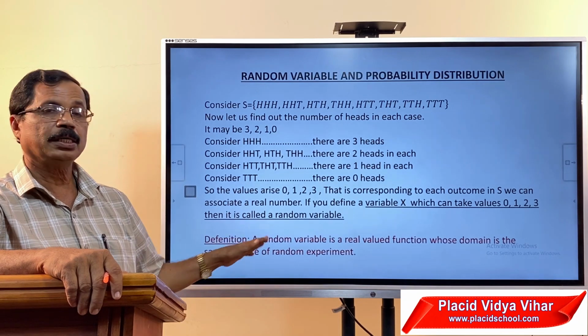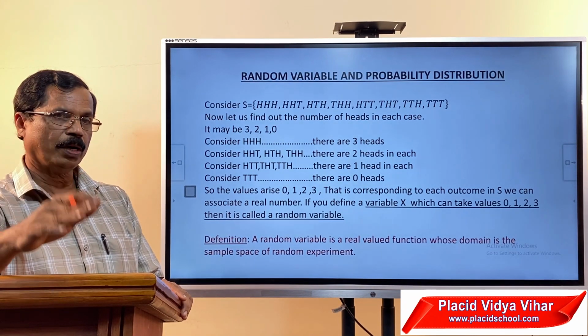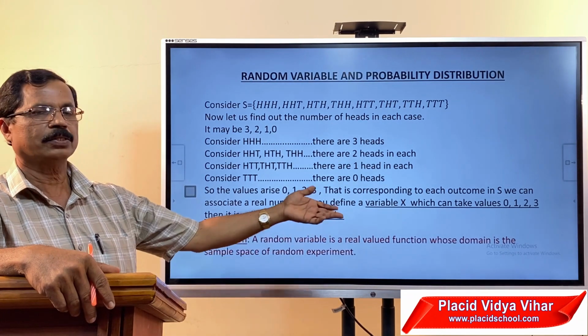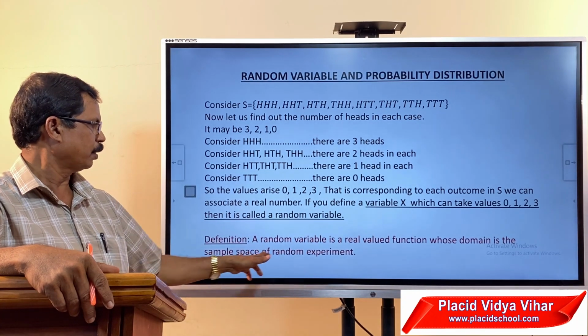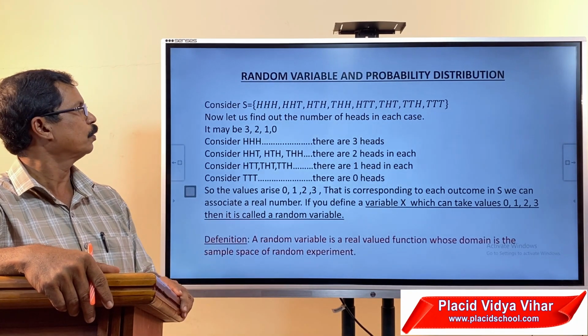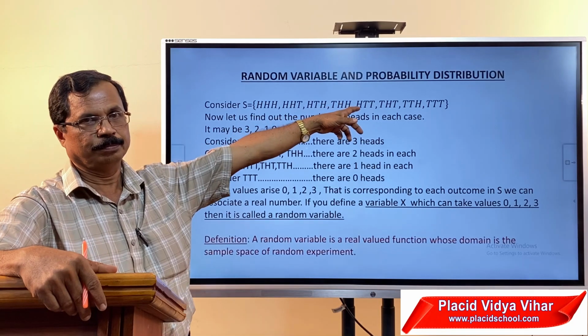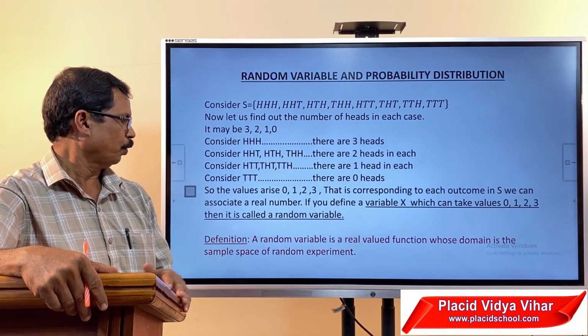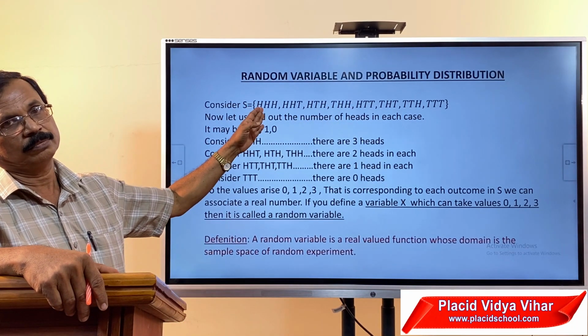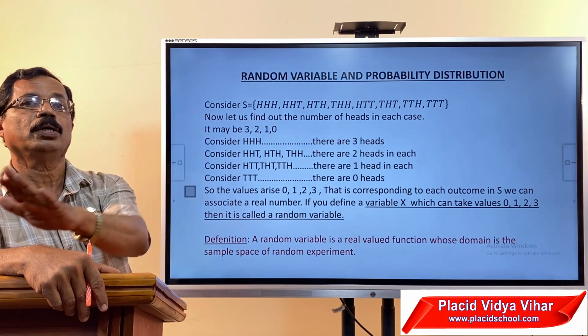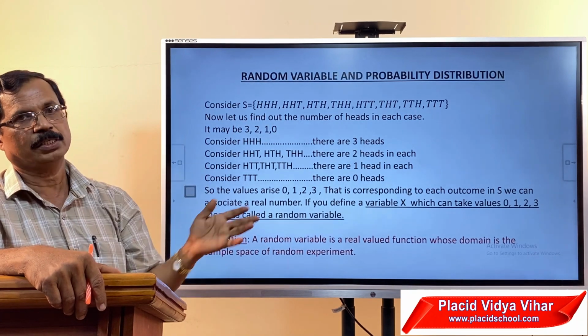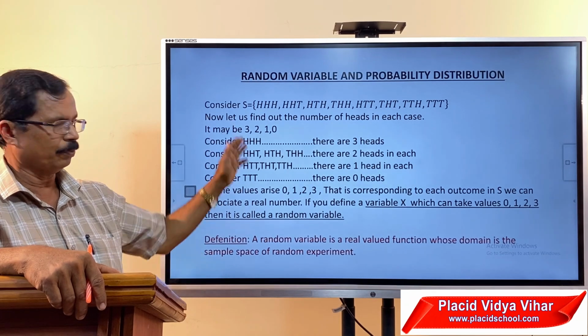So actually it is a function, a real valued function. And what is its domain? Its domain is the sample space of the random experiment. So this is the domain. And we associate each sample point to a particular real number. So it is a function. Okay, read it once again.